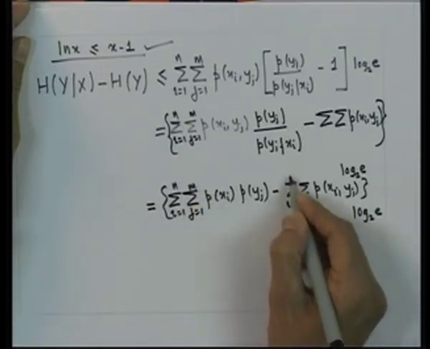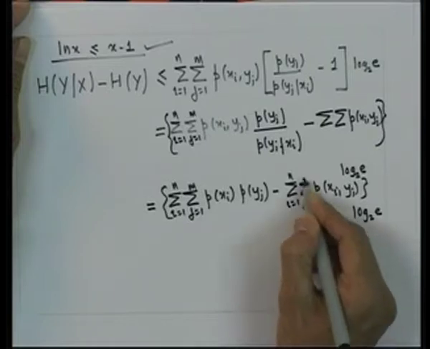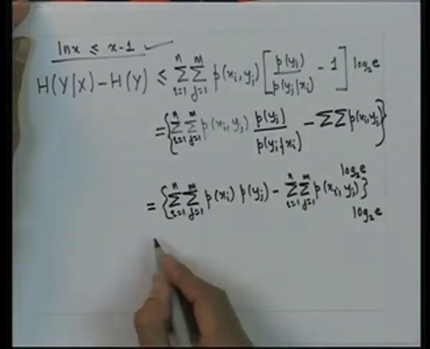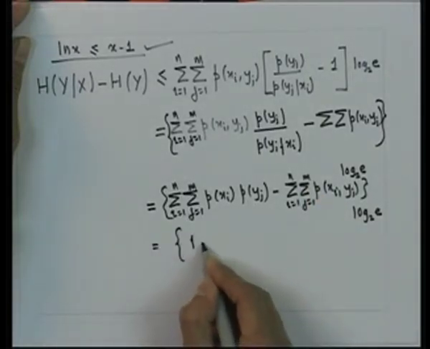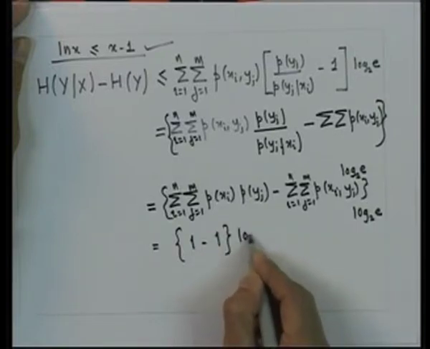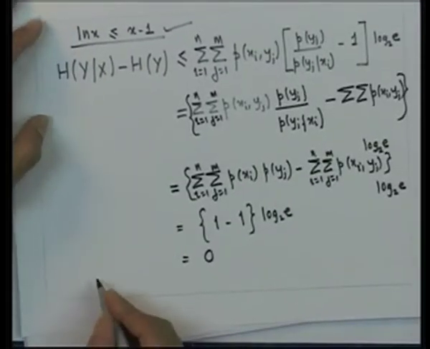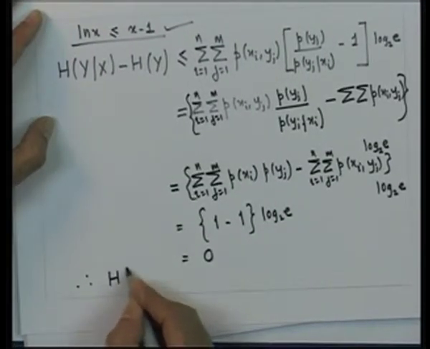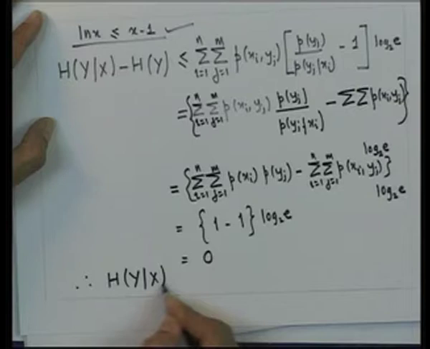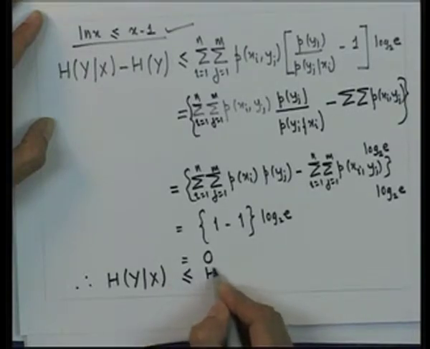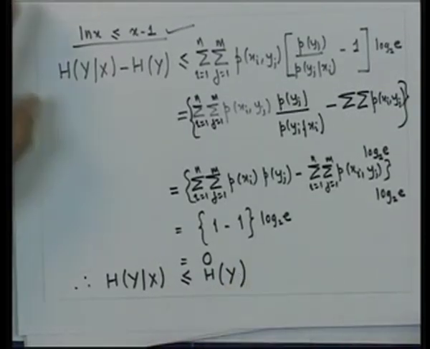Similarly, I will have i equal to 1 to n, j equal to 1 to m. Now, these summations are 1 minus 1 and this is equal to 0. Therefore, what we get is h of y given x is always less than or equal to h of y.